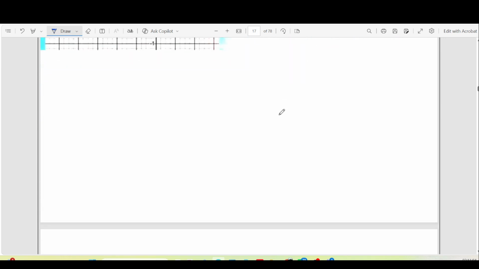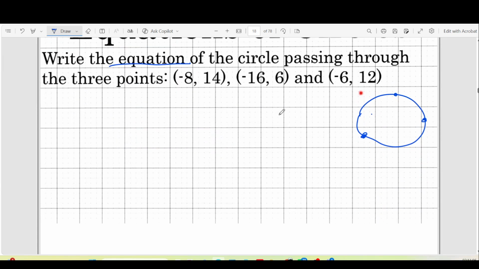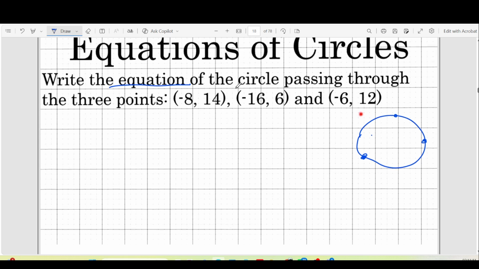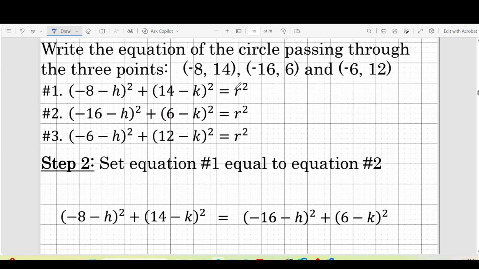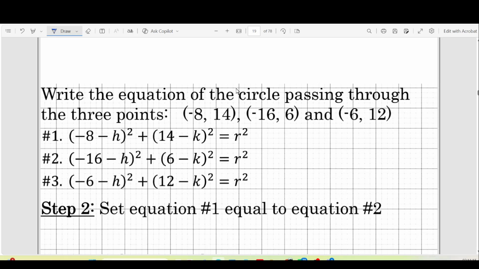So basically we can make multiple equations by putting these x and y values here. I will write here x minus h whole square plus y minus k whole square is equal to radius square. So h and k are the center coordinates, which we don't have.